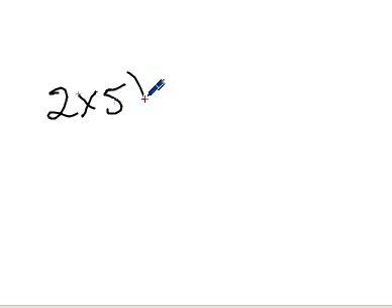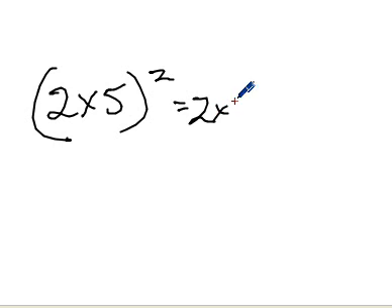Similarly, when a product is raised to a power, such as 2 times 5, the product of that squared, that would be the equivalent of, let's just factor that out, 2 times 5 times 2 times 5. Now, you know that in multiplying factors we can change the factors around.